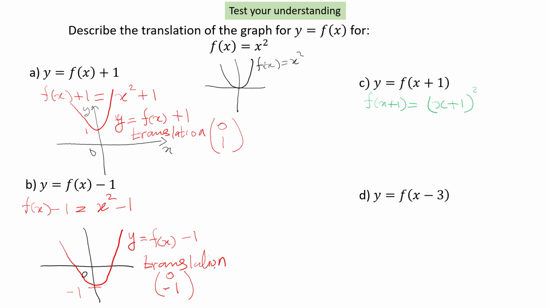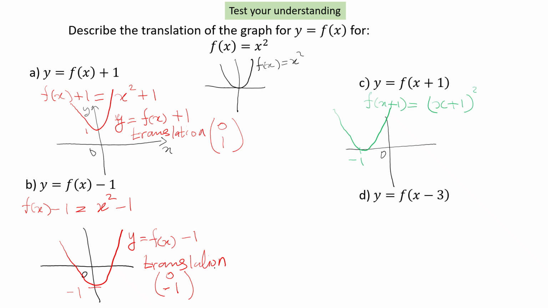Now draw the graph. The y values do not change, the x values change. When y equals 0, what is the x value? The x value is negative 1. So now draw the graph.